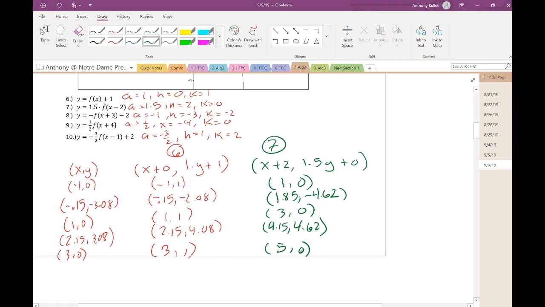Yes, sir. I understood when you filled this part. Like, what are you doing right now? 7. Yeah, I know the number. I'm just saying, like, what are you doing once you got all the A's and the... So I'm plugging in the original ordered pair, the ones from the graph that I wrote down there on the left-hand side.